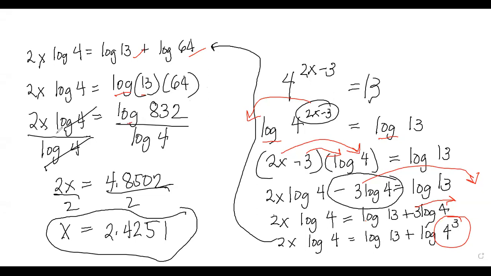Ngayon, divide natin muna ng log 4 para ma-cancel si log 4. Ang value nito is 4.8502. Meron pa tayong 2 dito sa x. Divide natin sa 2, that would be 2.4251. And that is the value of our x.